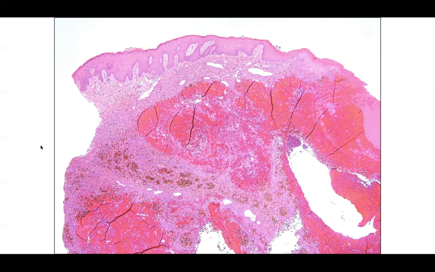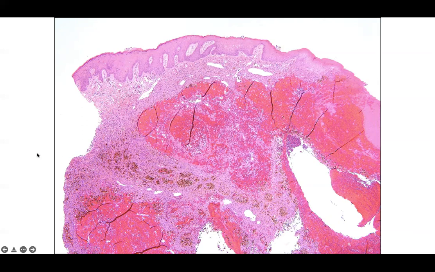So at the end of the day, your differential diagnosis is going to include other things like vascular processes as well. And so you'll want to stain for CD31 and see if most of this highlights for endothelial cells versus fibrohistiocytes.